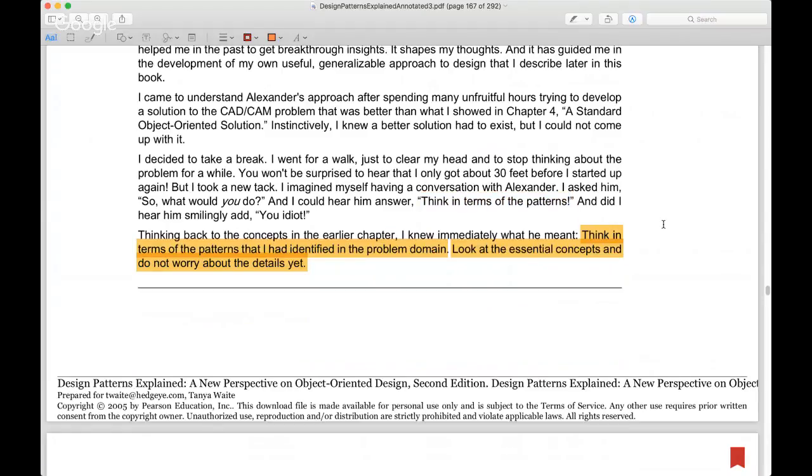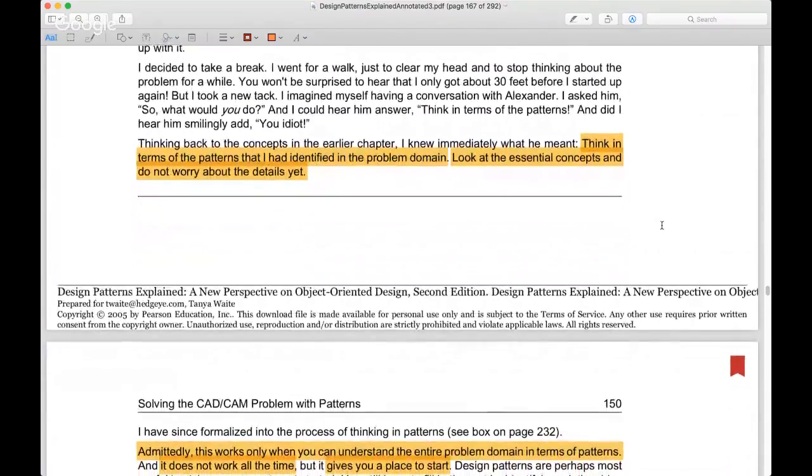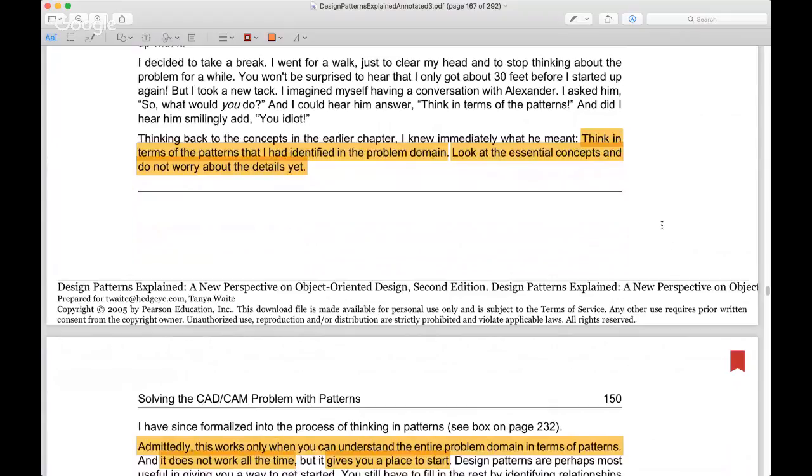Now, this was a little bit of a hard chapter for me because are we talking about Christian's patterns or are we talking about the Gang of Four patterns? And really, we're talking about both. And they're very closely related.